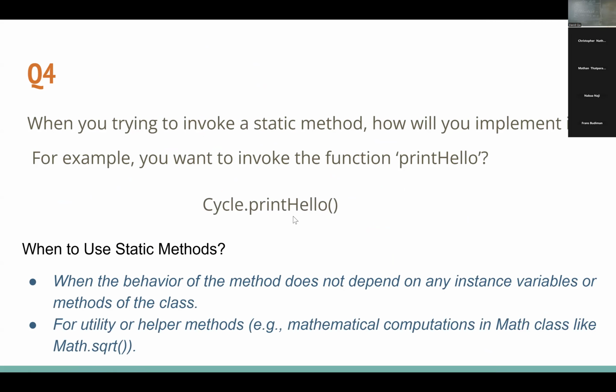When to use a static method: when the behavior of your method does not depend on any instance variable or method of the class. This is very important, which means in your static method you should not include any variable which is not static.